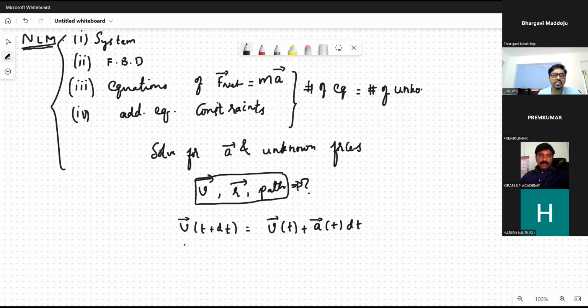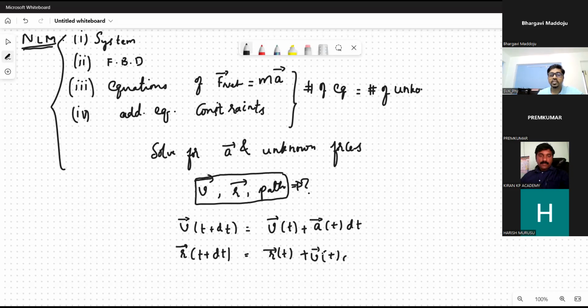Same way you can go for position vector. Position vector at t plus dt equals position vector at t, and then velocity at t times dt.